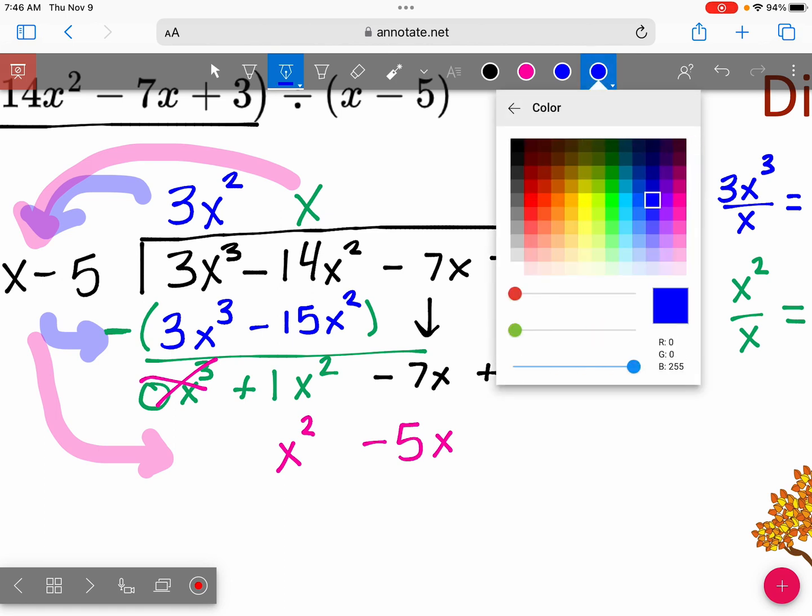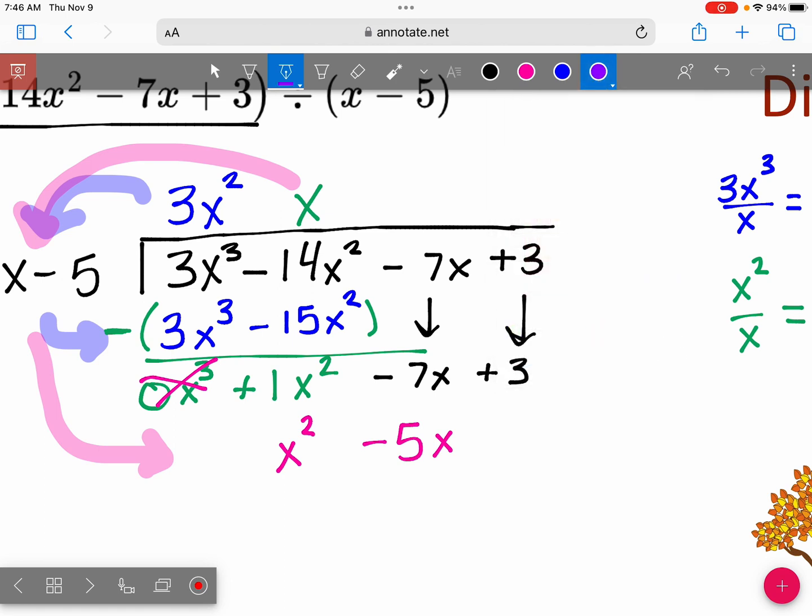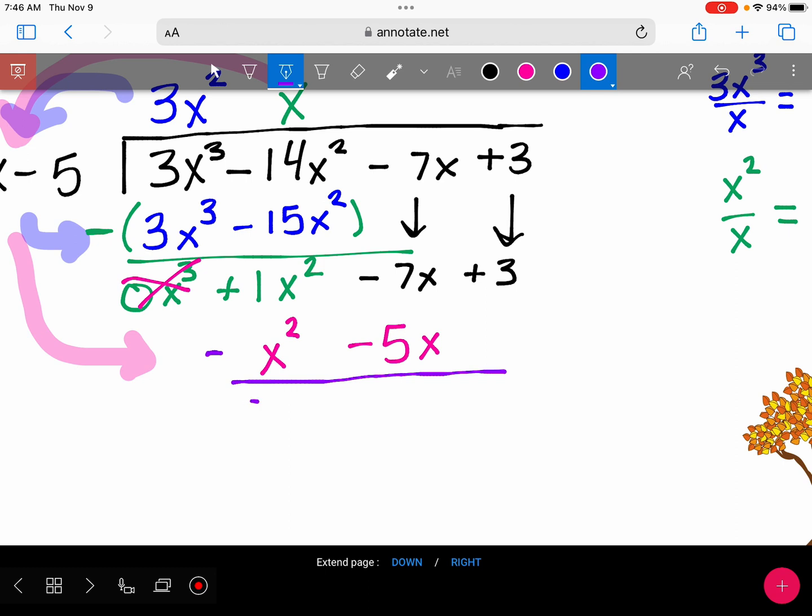And we're going to subtract them. One x squared minus x squared gives us 0x squared. So they cancel out. If you want to write it, you can. The whole point of it is for that term to cancel out.